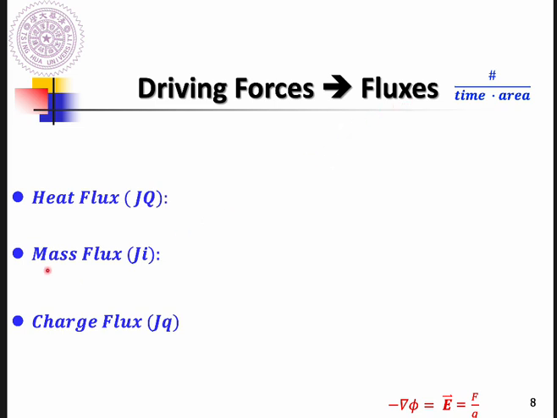So in our lectures, there are three fluxes you always need to know. The first one is the heat flux. We use J as the flux, and for heat we use a capital Q to represent the heat flux. For mass flux, we use J with a subscript i, or A, B, depending on the atom.